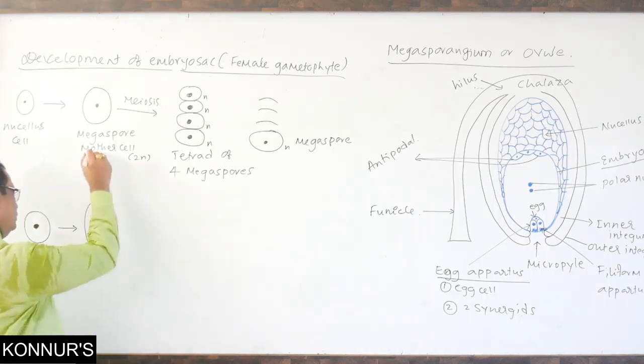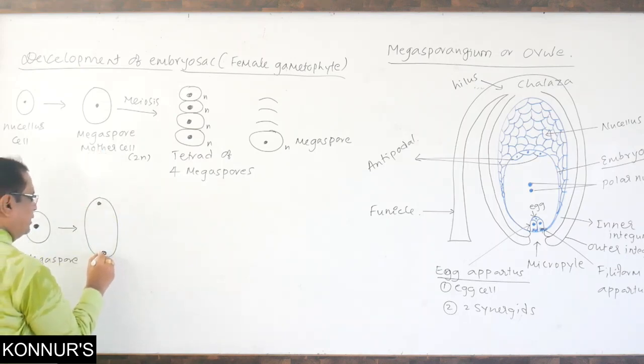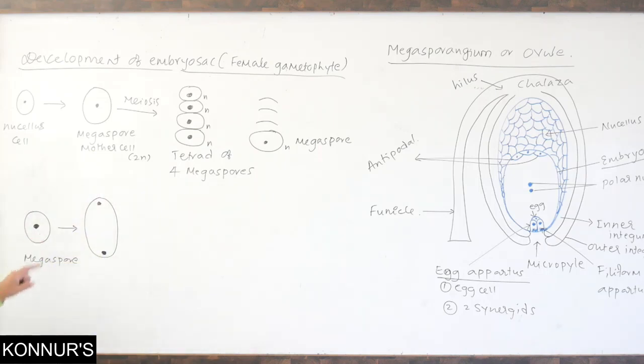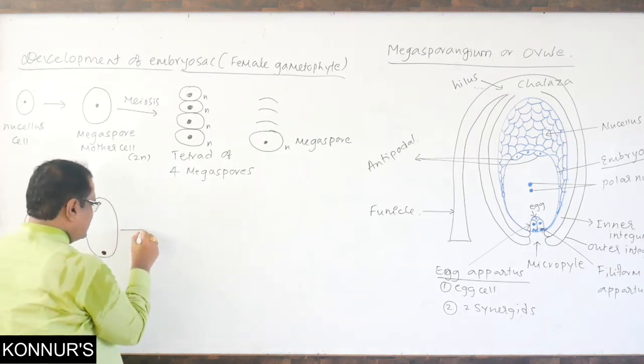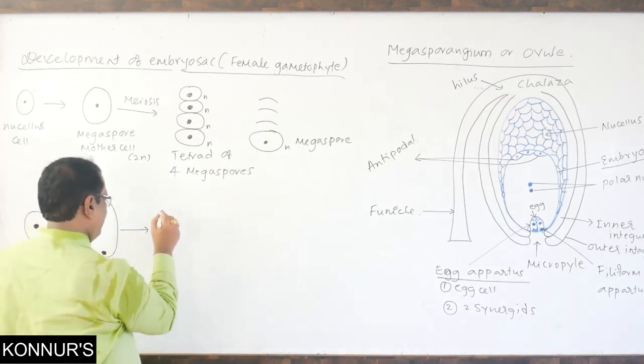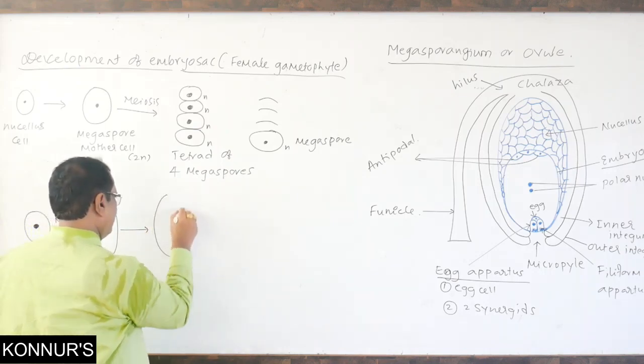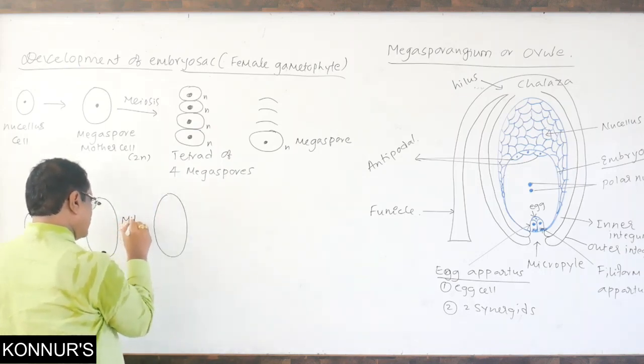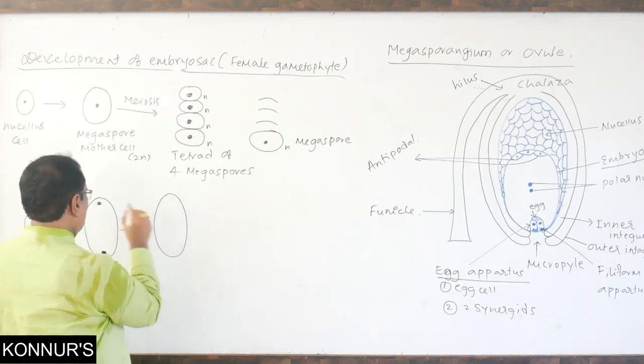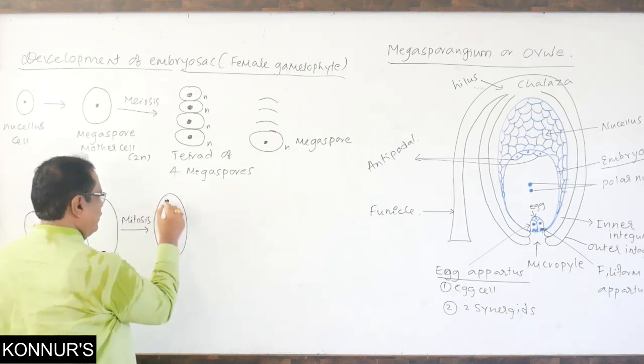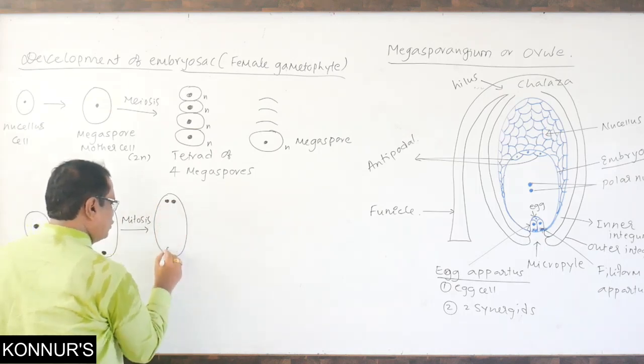They go to the other ends by mitosis. And these 2 nuclei further divide, once again by mitosis, so that 2 haploid nuclei here and 2 haploid nuclei here are formed.